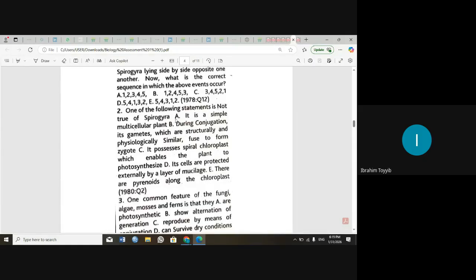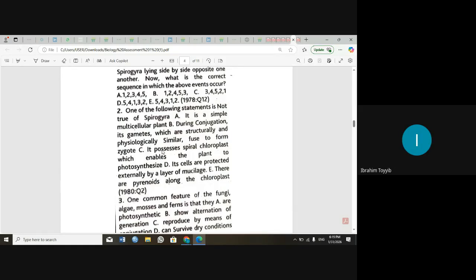Because Spirogyra occurs in filaments, that's why it's a multicellular plant. So it is B that is not true. During conjugation, its gametes are not structurally and physiologically similar.